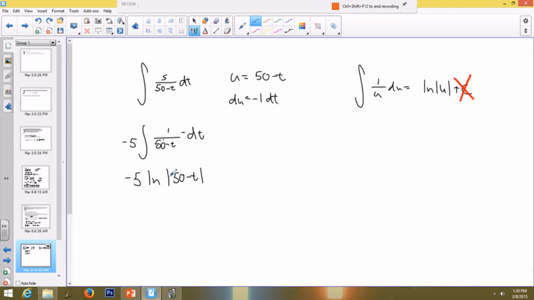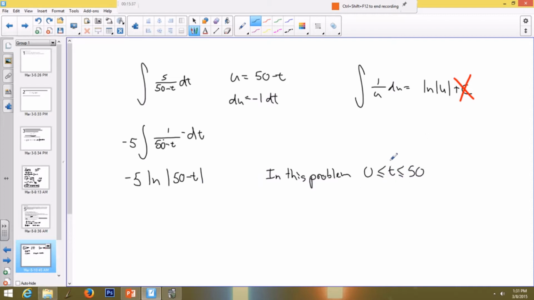And we can get rid of these absolute value bars because remember, what is time? Time is the number of minutes that has elapsed since we started adding and draining water. And so it only makes sense that in the context of this problem, t has to be between 0 and 50, because at 0 minutes, you're going to have your 50 gallons, and then since it's draining at 1 gallon per minute, after 50 minutes, it's going to be empty.